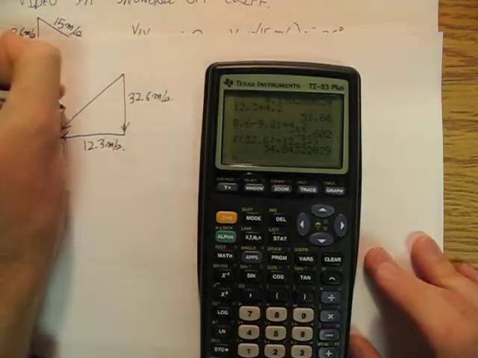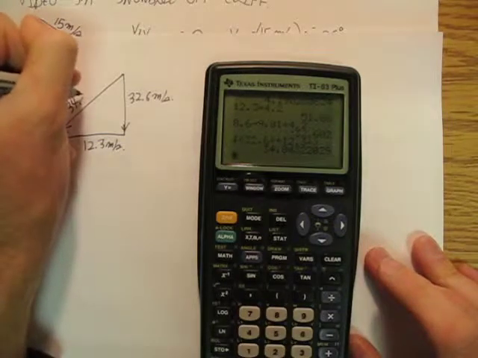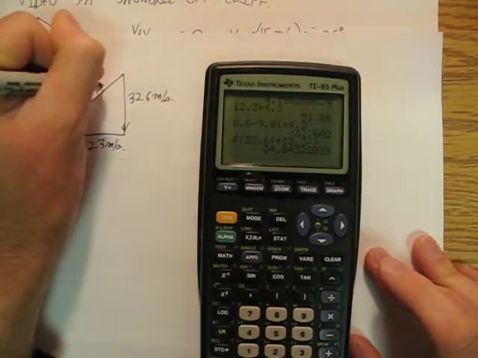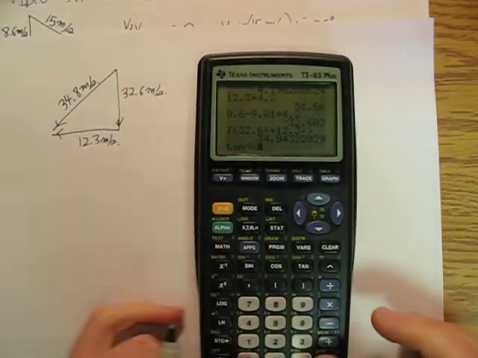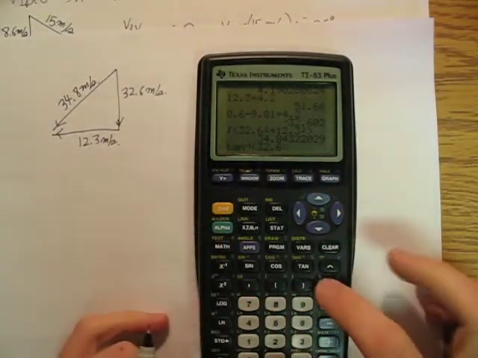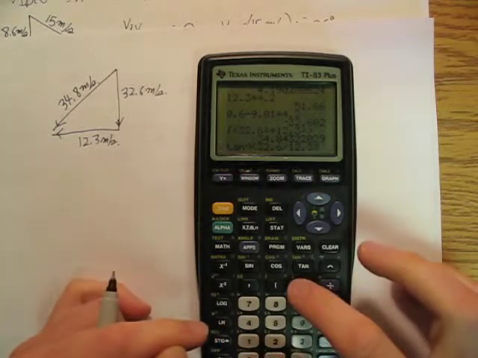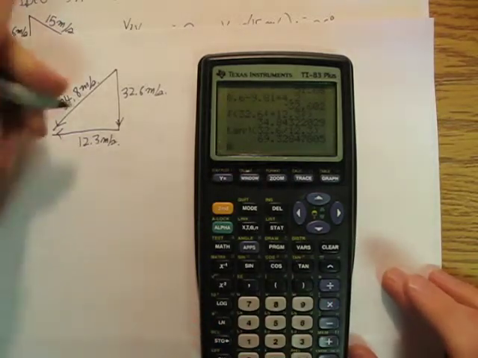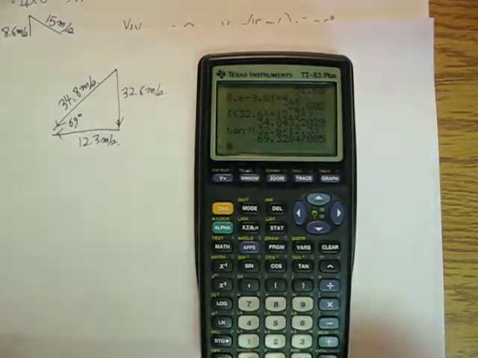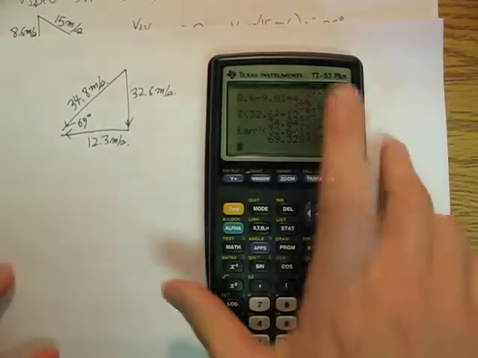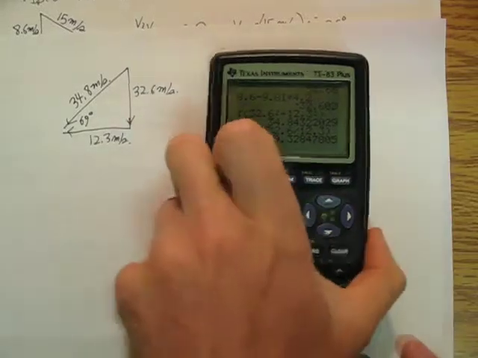And it's going 34.8 meters per second, and the angle is inverse tangent of 32.6 divided by 12.3, which is 69 degrees. So it was launched at 35 degrees and is coming down now at 69 degrees.